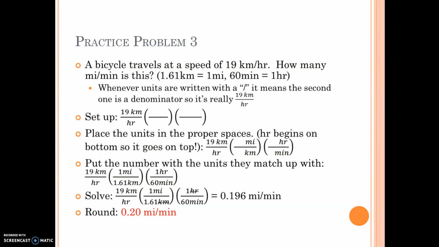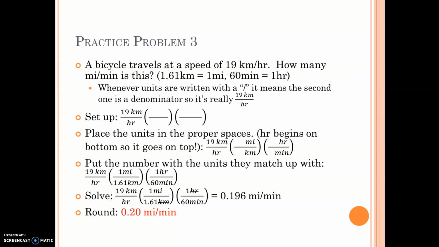We have 19 kilometers times 1 mile. The kilometers and the kilometers from the first set of parentheses are going to cancel out. And 19 kilometers times 1 mile is 19. And then 19 kilometers times 1 mile times 1 hour will cancel out to just 19, right? 19 times 1 is just itself.